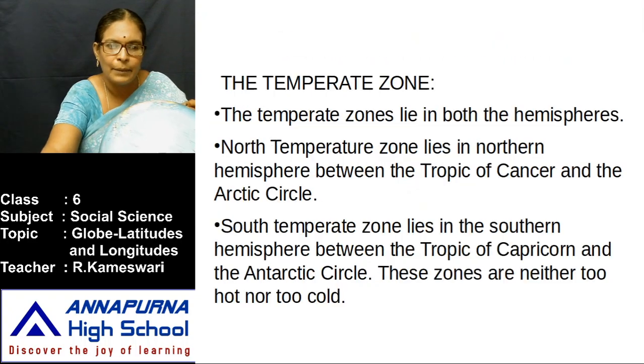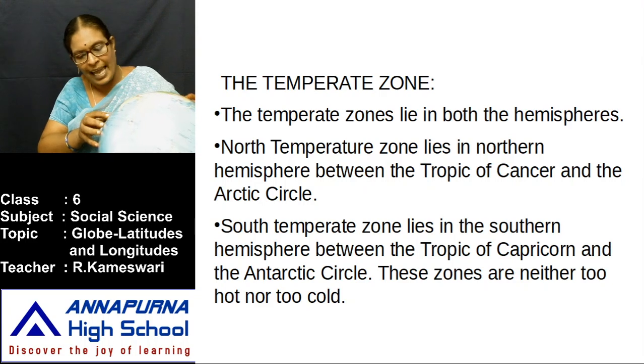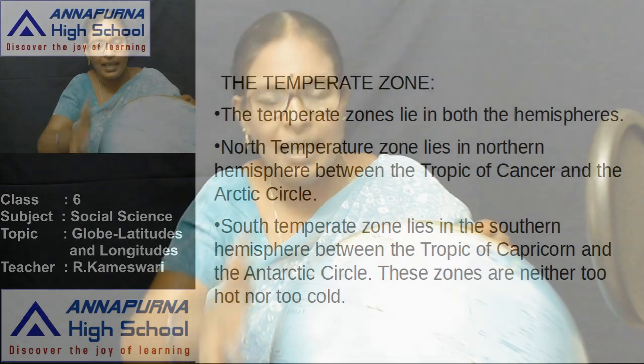Next one is the temperate zone. The temperate zone lies between the torrid zone and the frigid zones. Torrid zone occupies the place up to Tropic of Cancer and Tropic of Capricorn. After that, from Tropic of Cancer to Arctic Circle in the northern hemisphere and Tropic of Capricorn to Antarctic Circle in the southern hemisphere, between these two areas our temperate zone is located.